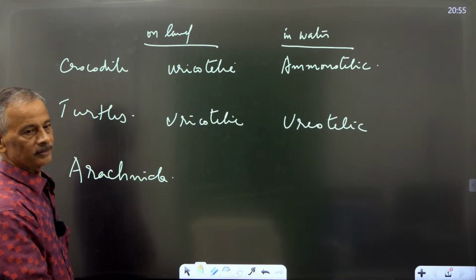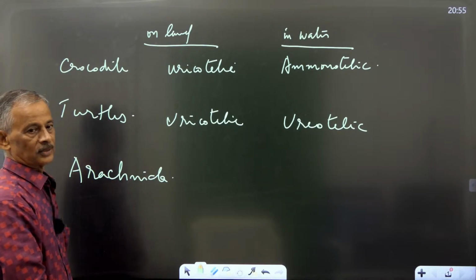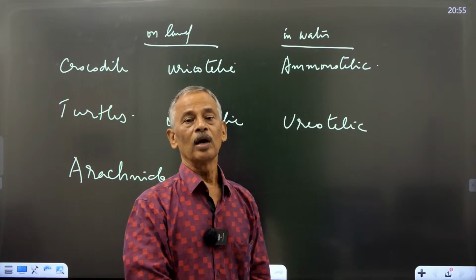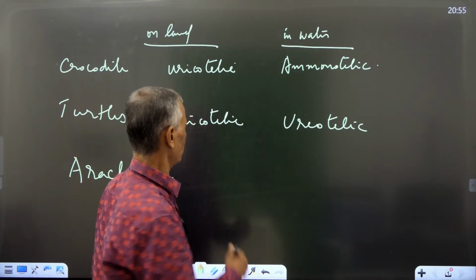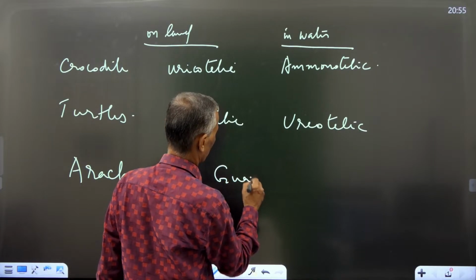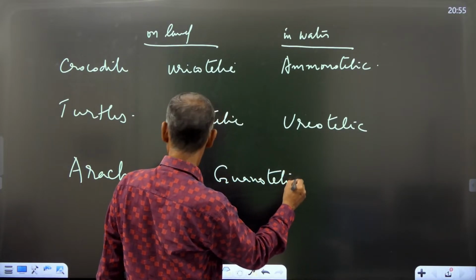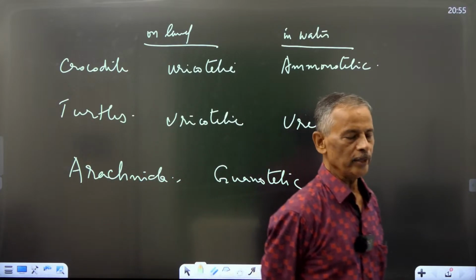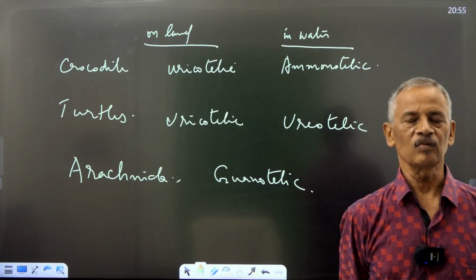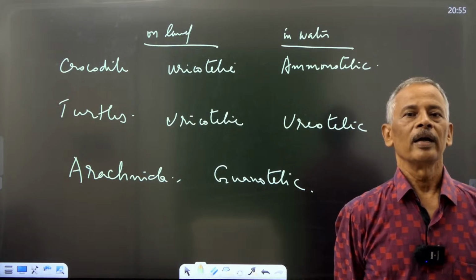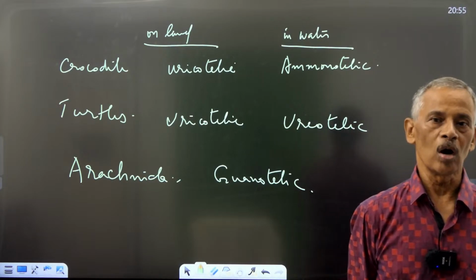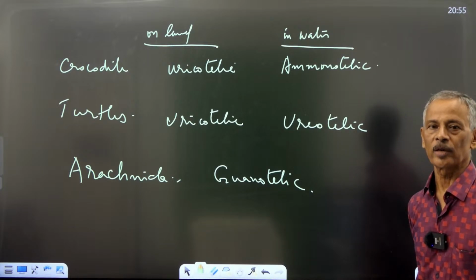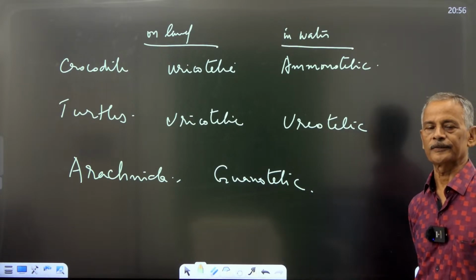They convert the nitrogen-based material in the form of guanine, guanotelic. Spiders and scorpions are all guanotelic. So these are some points that you have to remember along with excretion.